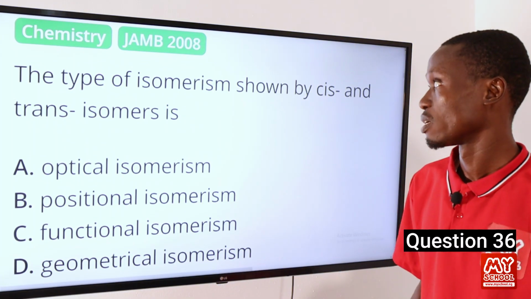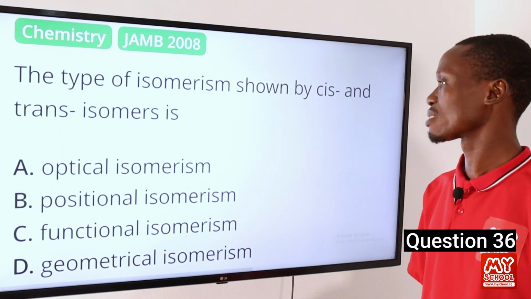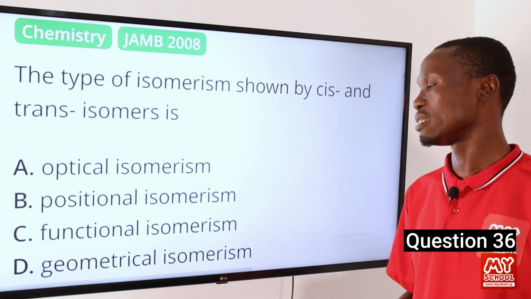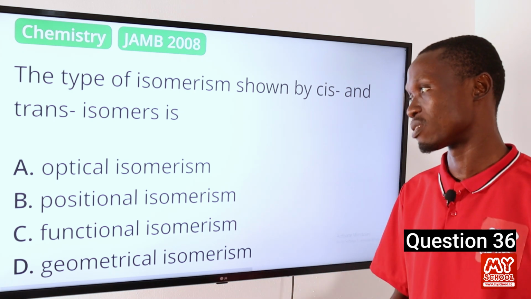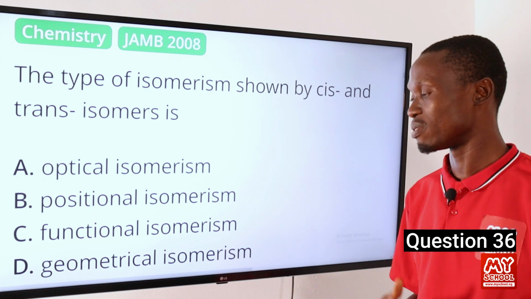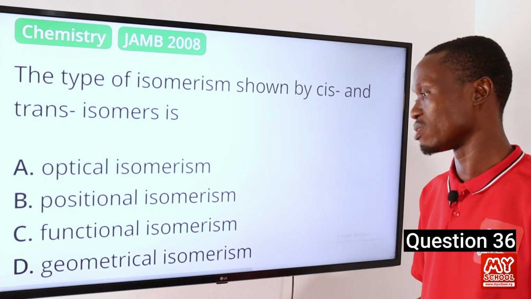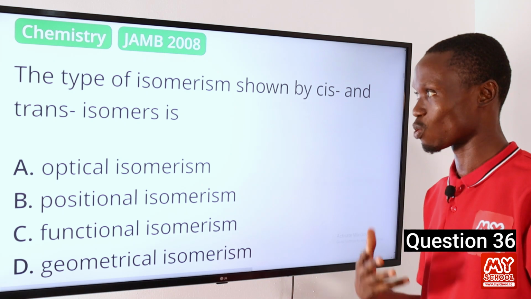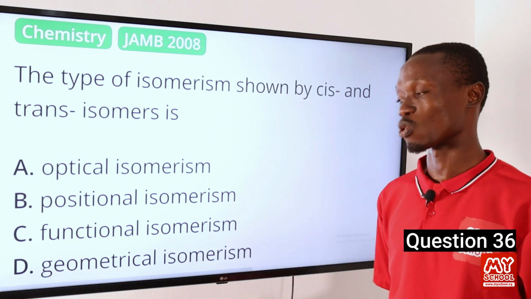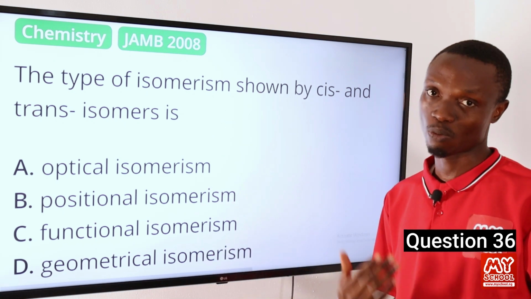Question 36. The type of isomerism shown by cis and trans isomers is A, optical isomerism, B, positional isomerism, C, functional isomerism, and D, geometrical isomerism. So the answer to this question is option D, geometrical isomerism.